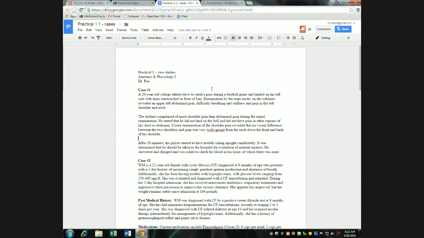In fact, on case 2, there will be 2 stations for each case, and the 2 that are for case number 2 are both going to be microscopes that you're going to be looking at.